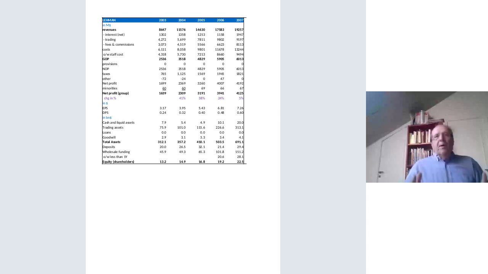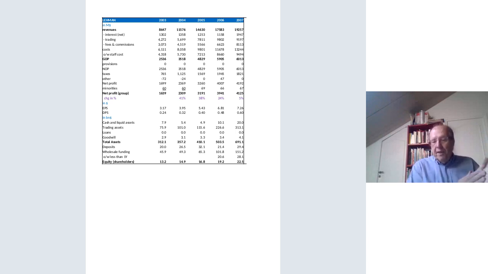But when the market entered difficulties, the wholesale market closed, and because the wholesale market closed, they were unable to tap the market. And being unable to tap the market, they were unable to fund their growth. And because they could not feed the growth machine, at that time they needed money and they had no money. So they were obliged to liquidate portfolio, and that was the beginning of the catastrophe.